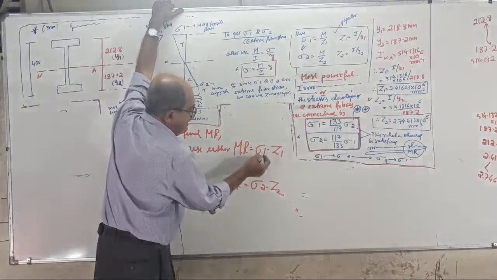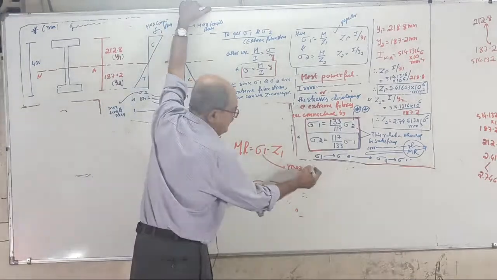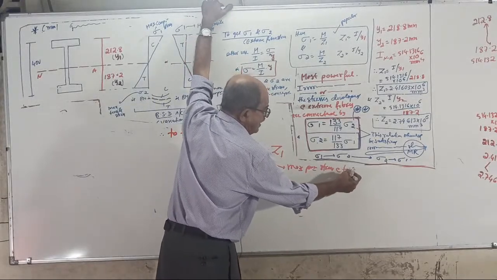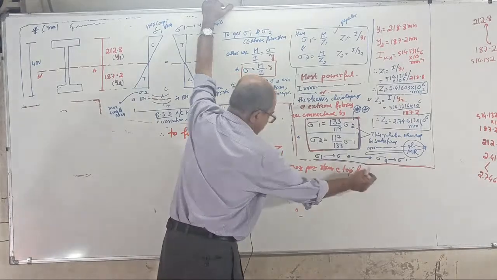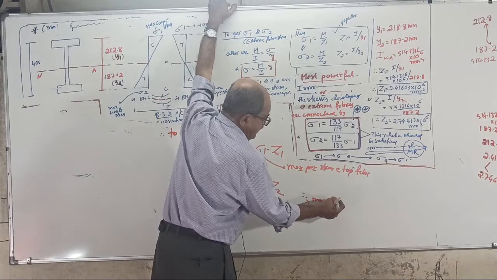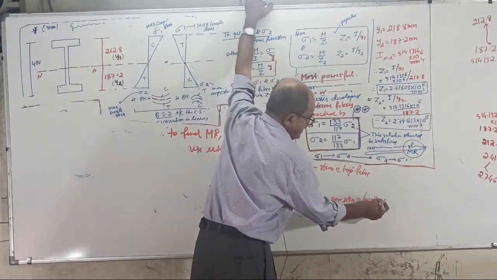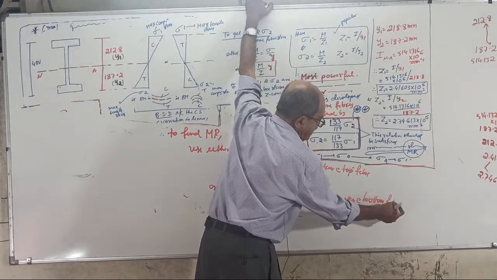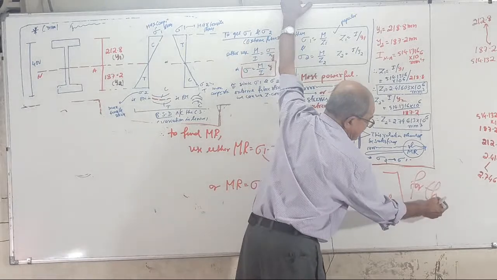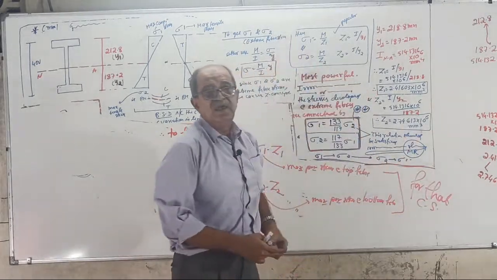If you use that way, sigma 1 is the maximum permissible stress at the top fiber. Sigma 2 is the maximum permissible stress at the bottom fiber. Very important, for that cross section. Fully clear?